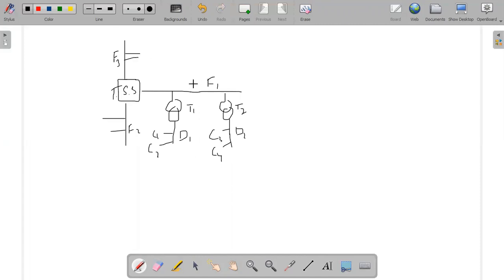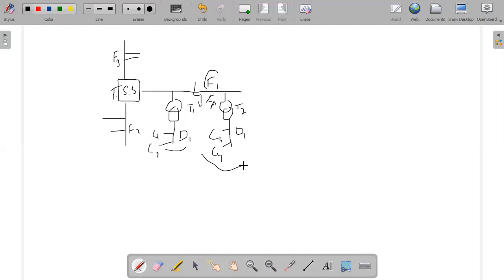So for example, if there is any fault on this feeder, let me call this FA, if there is any fault on this feeder F1, there will be a complete blackout at the loads C1, C2, C3, and C4.